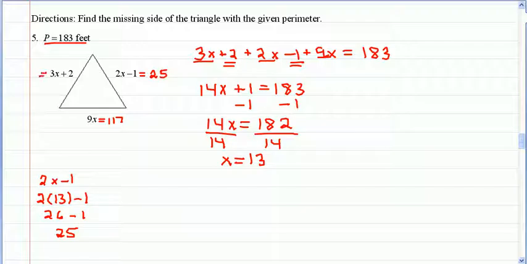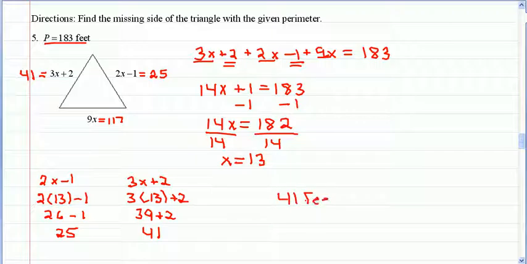And then for 3x plus 2, I take 3 times 13 plus 2, which is 39 plus 2, and I get 41. So the missing sides are 41 feet, 25 feet, and 117 feet.